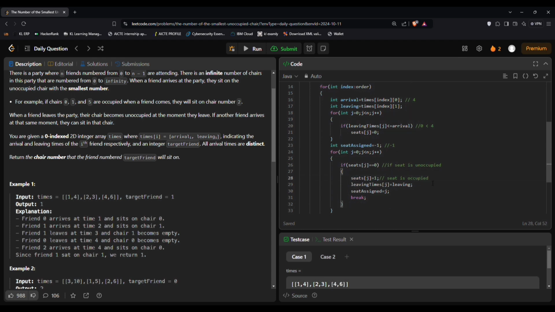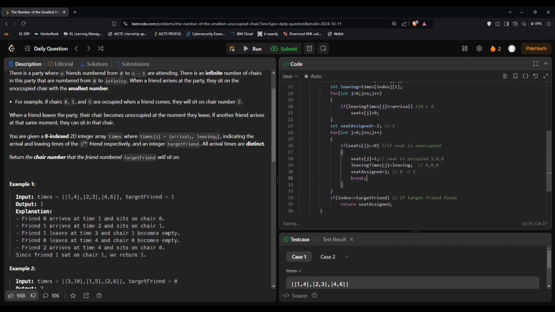The seats will be updated to 100 as the first person has occupied seat 1. Okay, the leaving time of the first person is updated. That means 4, 0, 0: the first person's leaving time is 4, and the assigned seat for the first person is 0. Okay, the 0th chair will be occupied by the first person. After that, if it is filled, the loop will break.